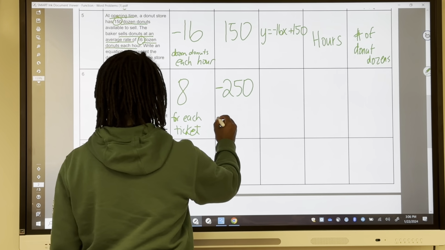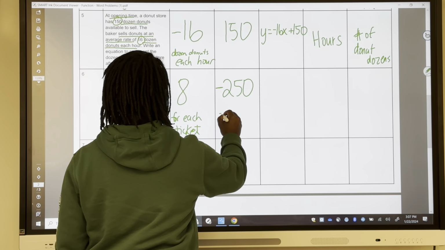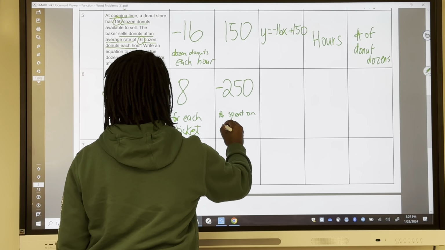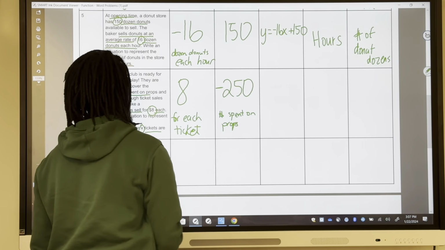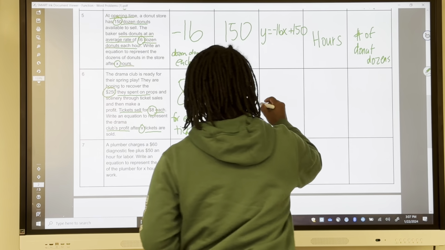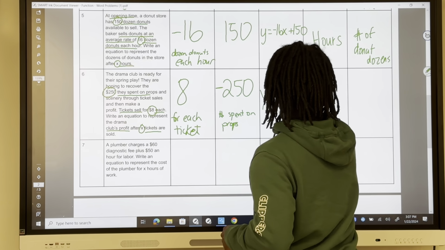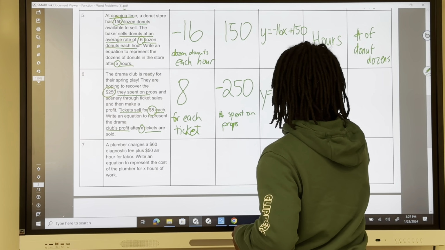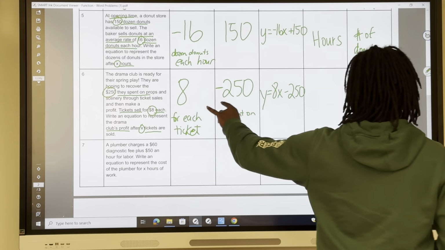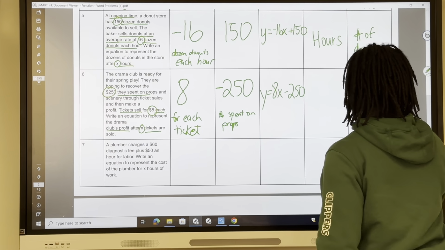Okay, so that is the money spent on props, before, okay, for the scenery. And so then y equals 8x minus 250 here, okay? Again, the independent variable is what's with the slope.